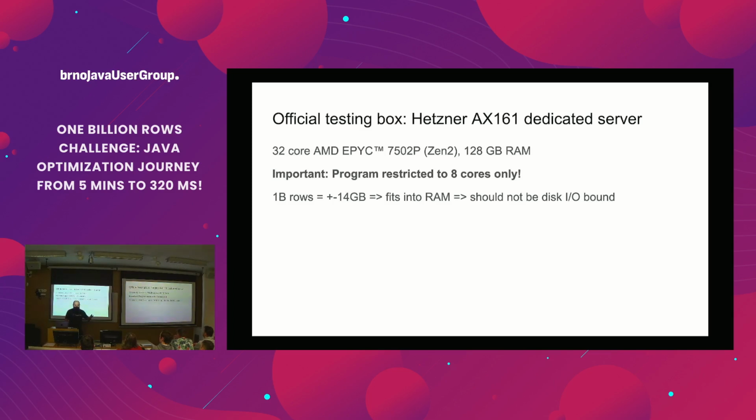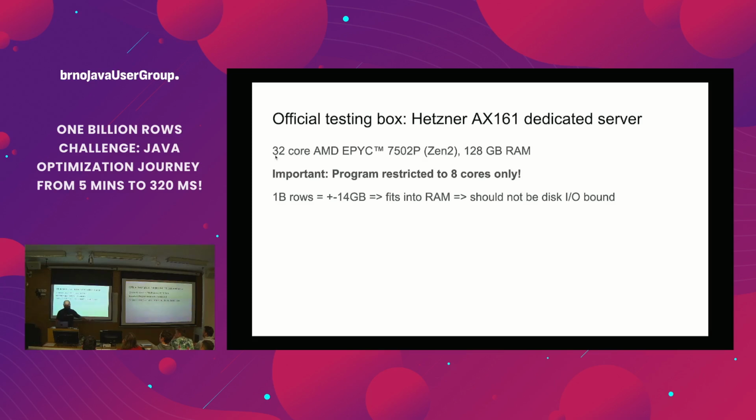And it was a shared instance. The result was that the results were kind of jittery, not exactly reproducible. So after 1 or 2 weeks, Gunnar decided to rent a bigger box, dedicated hardware with no noisy neighbor. And all testing was done on that.